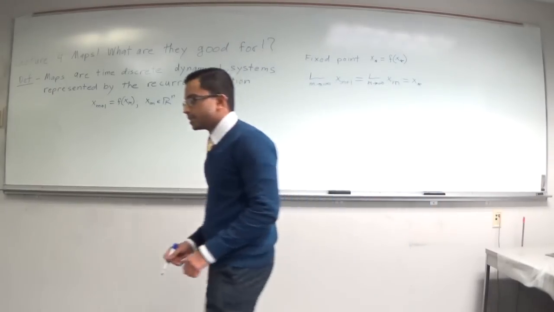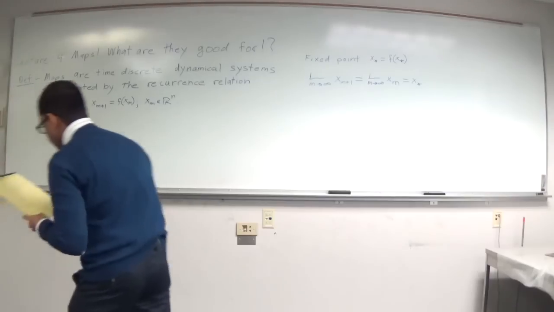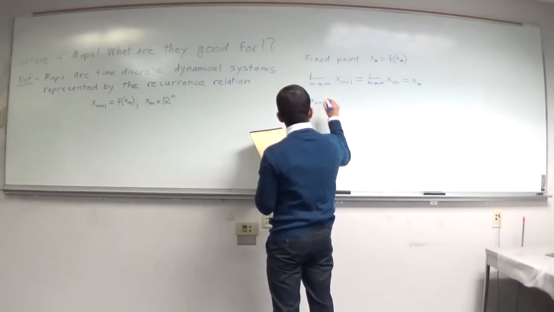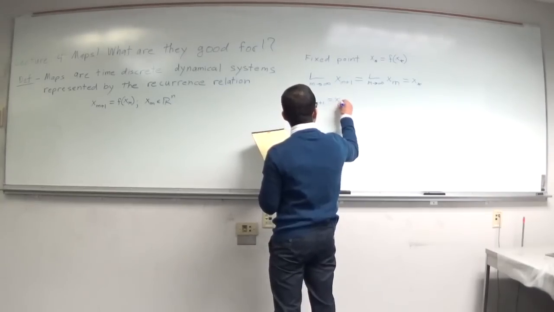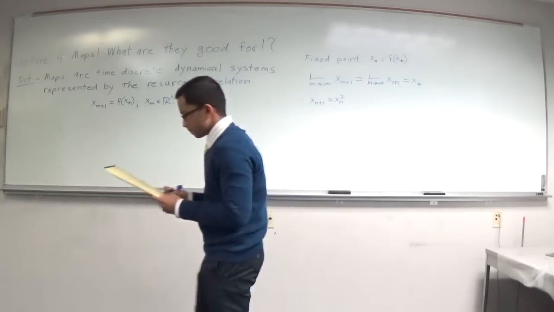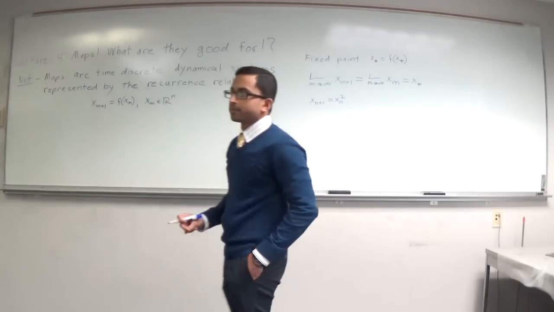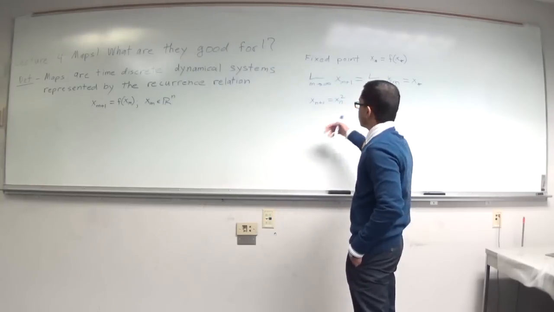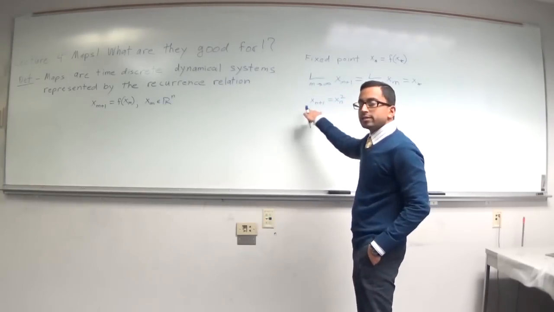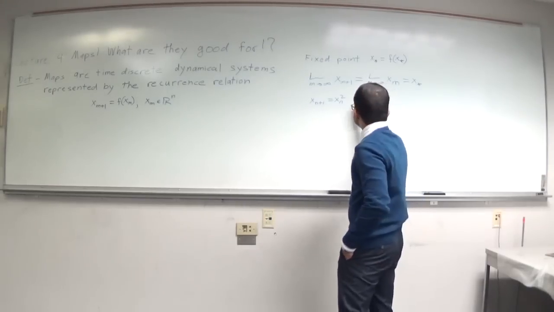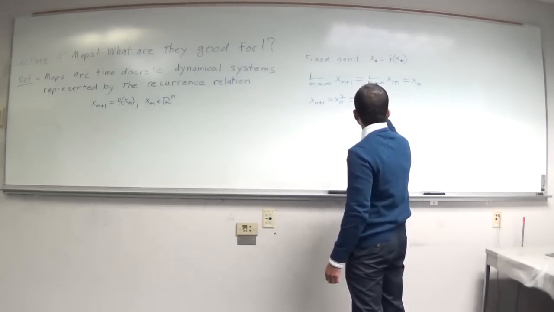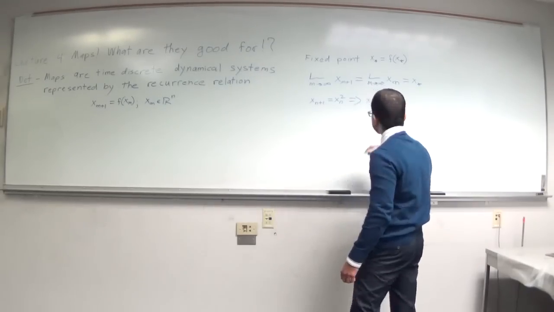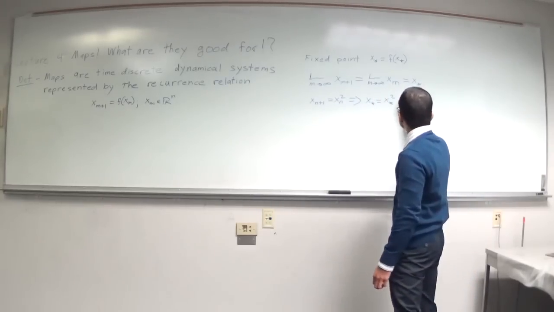So now let's do an example with this. Let's take the example, and now I'm going to use n to index it: x_{n+1} equals x_n squared. So we have this recurrence relation, or a difference equation, or a map, that's represented by this. Then we just plug in x star for x_n and x_{n+1}.